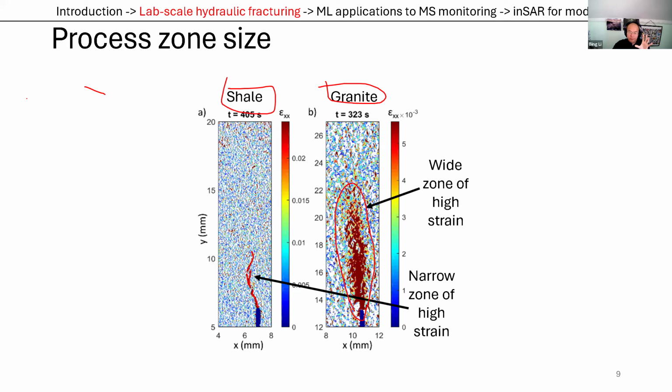What we believe is happening is that this granite is generating a much larger process zone, this area of inelastic deformation, compared to the shale, where, at least visually, all we're able to observe are the actual microcracks themselves. The magnitude of the inelastic deformation, at the very least, is much smaller in the shale compared to the granite material.